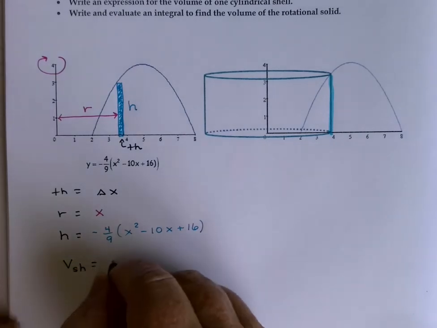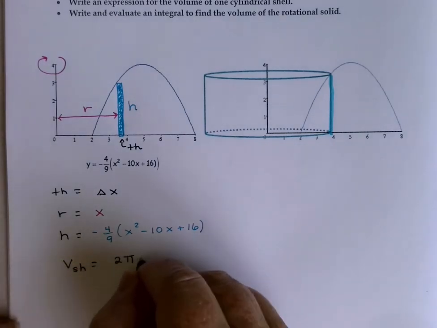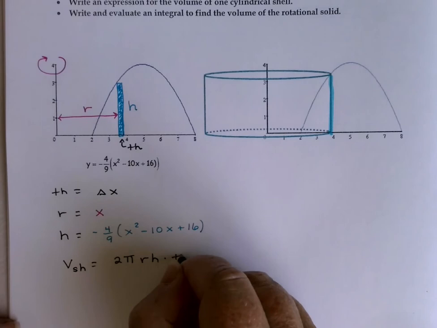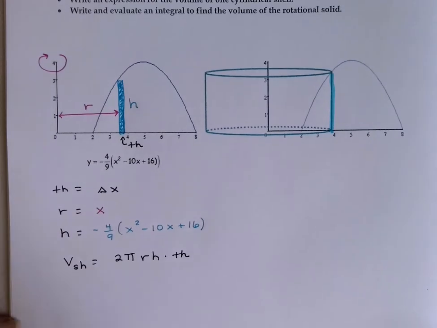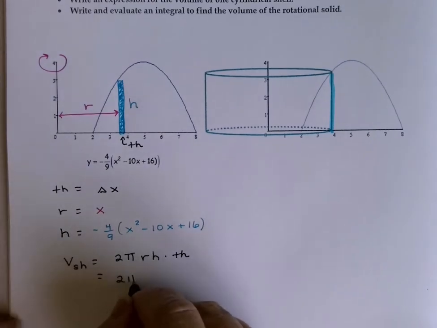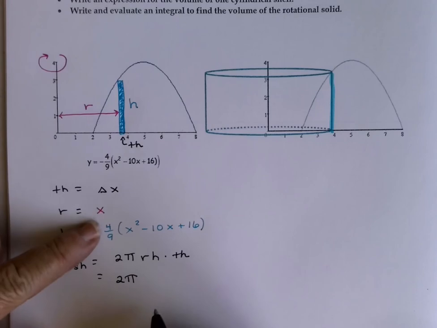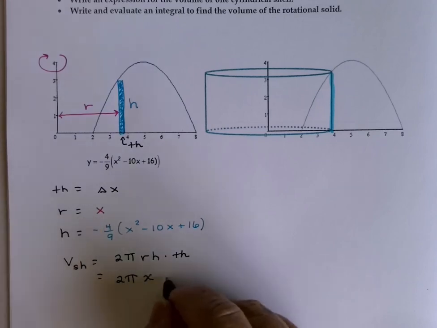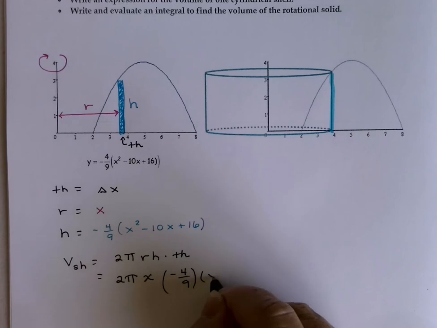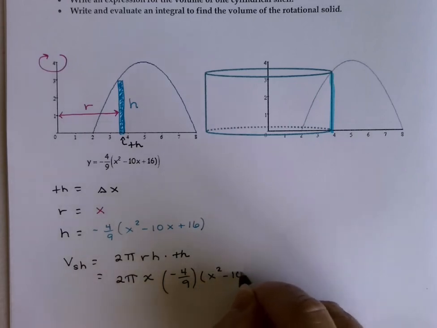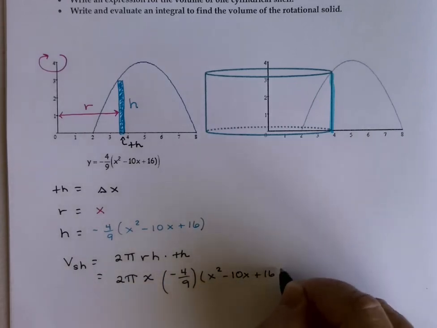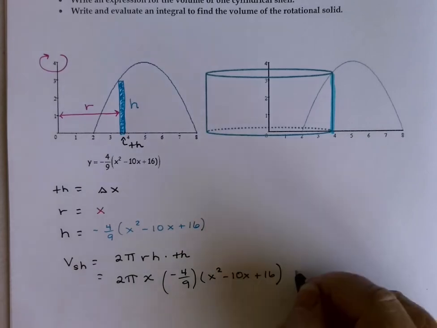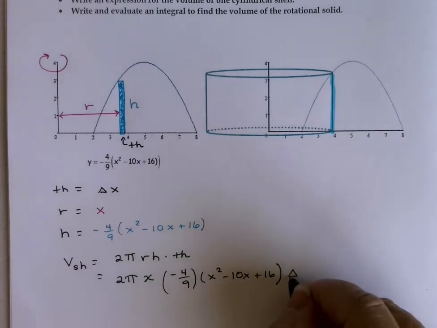The volume of the shell, 2 pi r h, times the thickness: 2 pi times the r, which is x, times this height, and the thickness delta x.